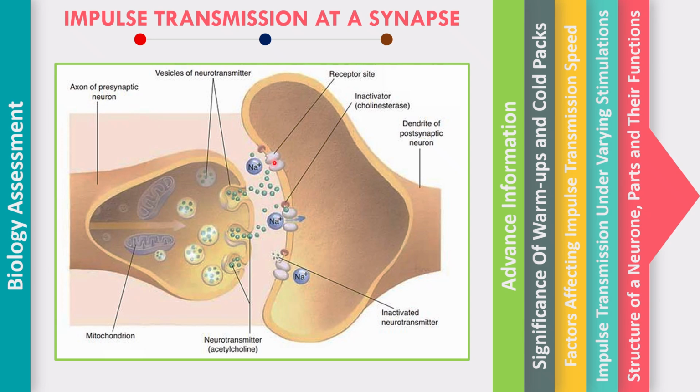We have receptors here, inactivators, cholinesterase here, and we have here the vesicles, which contain the neurotransmitter, the mitochondria for provision of energy, and then we have those small ones, the neurotransmitter like acetylcholine.